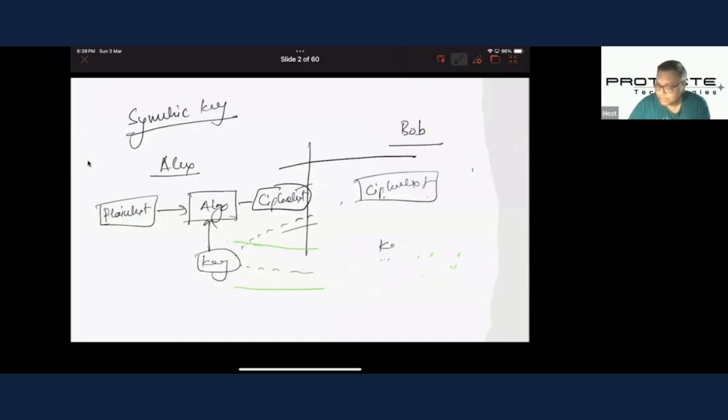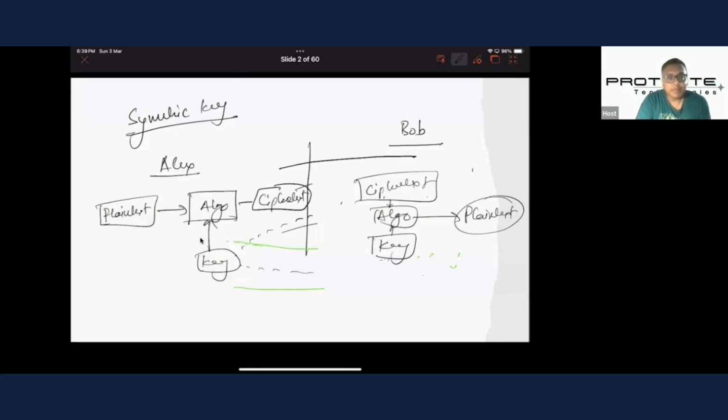He applies the key and the algorithm. The ciphertext is applied to the algorithm, the key is applied to the algorithm, and what you get back is the plain text. Right. This is the simplest process of what is called symmetric key cryptography.